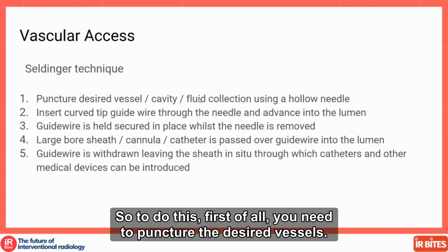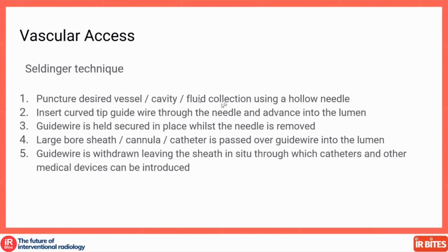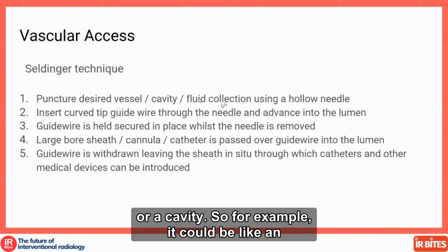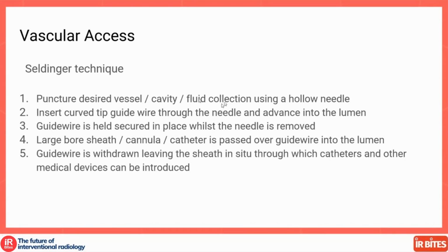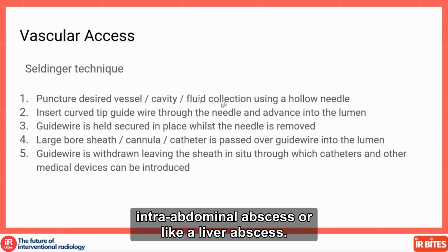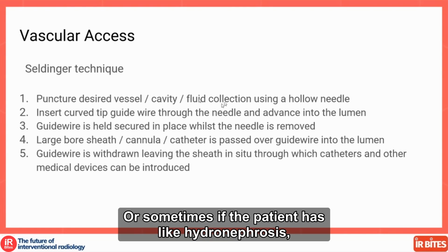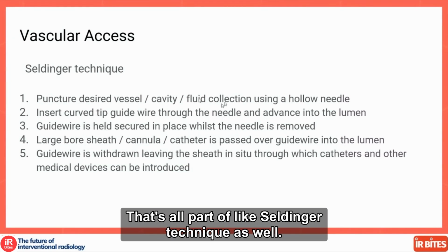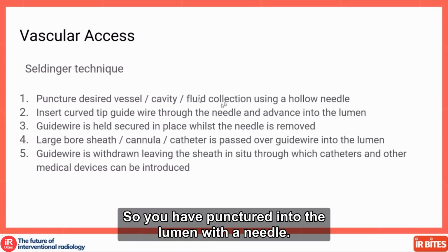To do this, first of all, you need to puncture the desired vessel, or it could be either a fluid collection or a cavity. For example, it could be an intra-abdominal abscess or a liver abscess, or sometimes if the patient has hydronephrosis, you want to put a nephrostomy into the kidney. That's all part of the Seldinger technique as well.